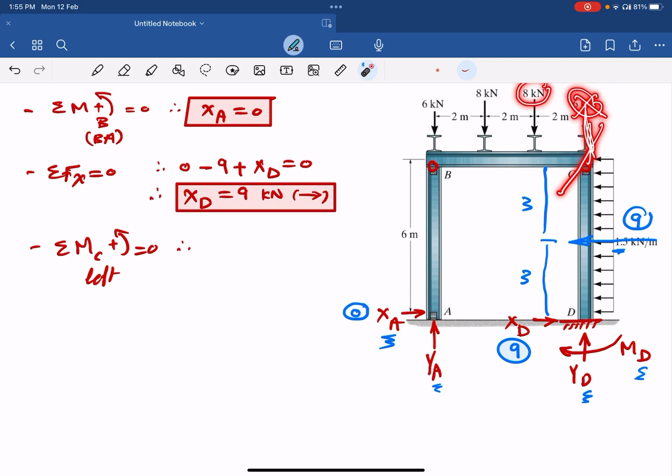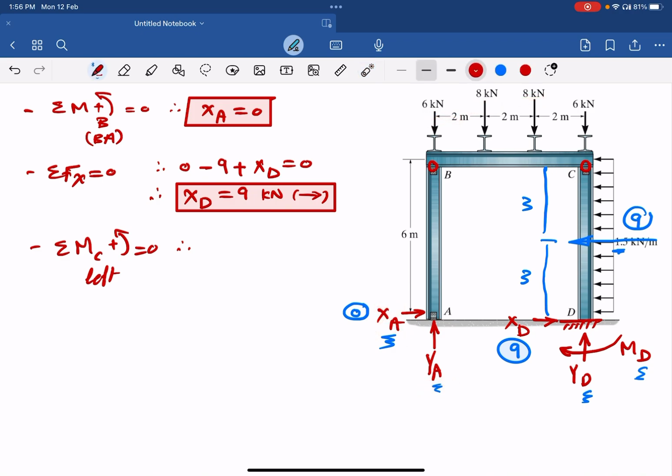Then we have 8 times 2, which is counterclockwise, so it is positive, plus 8 times 4, plus 6 times 6, minus Y times 6 equals 0, and XA is already 0, so it is eliminated.